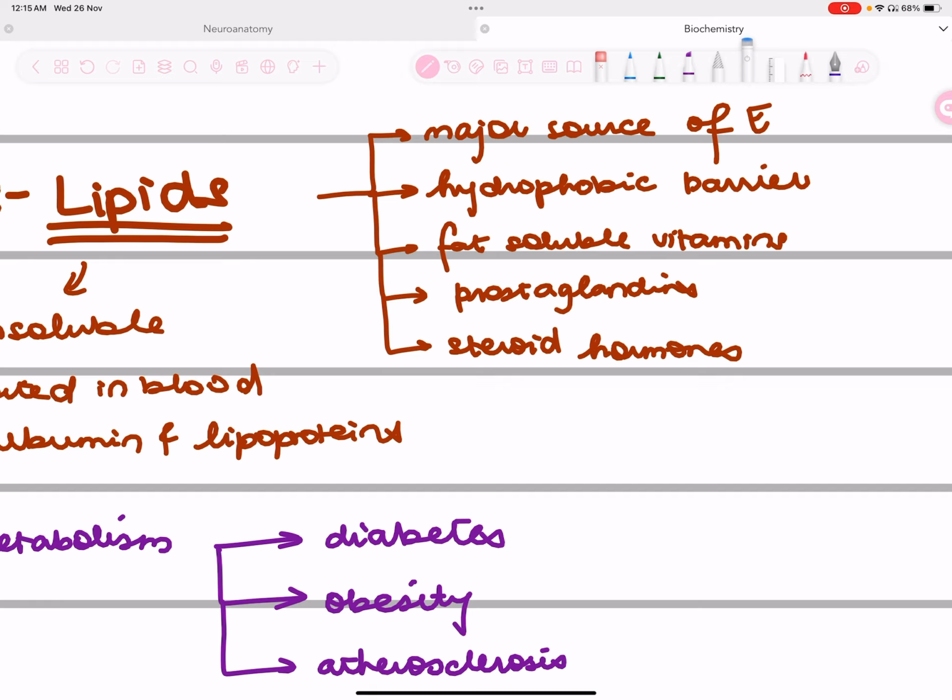Other than that, because they're insoluble in water, they form hydrophobic barriers that help in compartmentalization. Lipids are also there for the absorption of fat soluble vitamins A, D, E, and K. Lipids are also present in prostaglandins, which are very important for inflammation and other functions, and lipids are also there in steroid hormones.